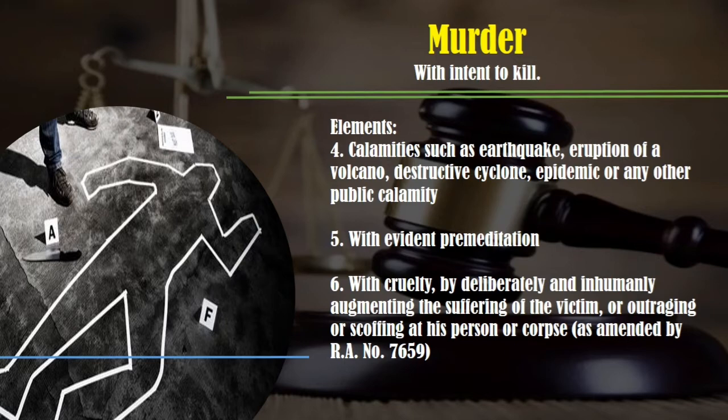And number 5 is if there is evidence of premeditation or there is planning about the killing. Then next is killing with cruelty, or by deliberately and inhumanly augmenting or enhancing the suffering of the victim, or outraging or scoffing at his person or his corpse.